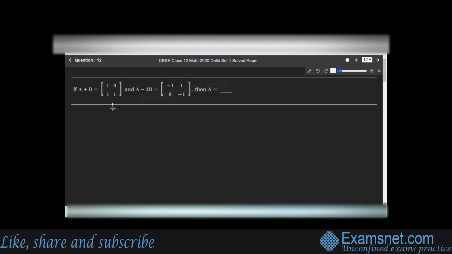If A plus B is given by this matrix and A minus 2B is given by this matrix, then what is the A matrix equal to? Fine. We are given A plus B is this 1, 0, 1, 1. Let's say this is 1. And A minus 2B is equal to minus 1, 1, 0, minus 1.